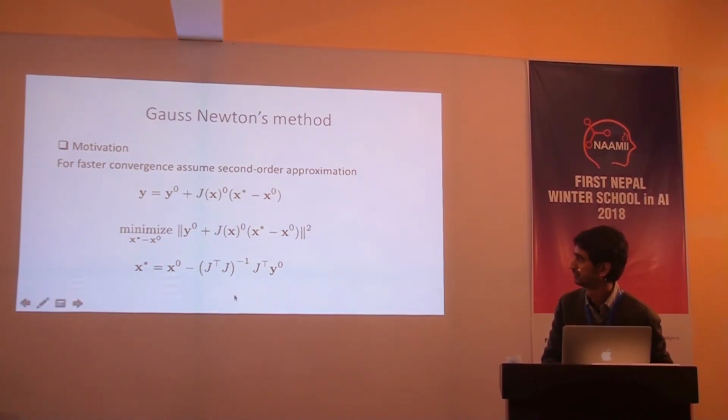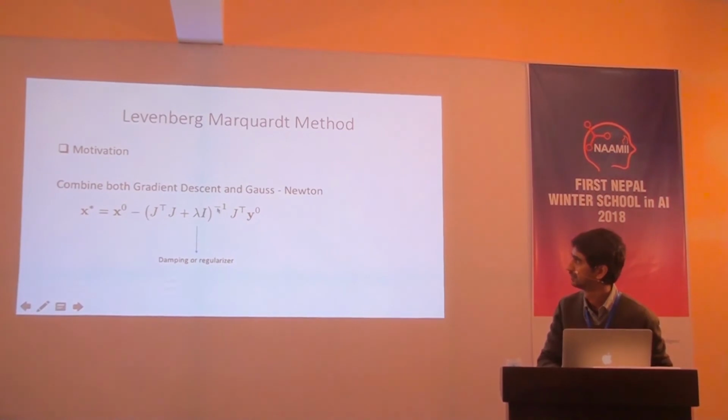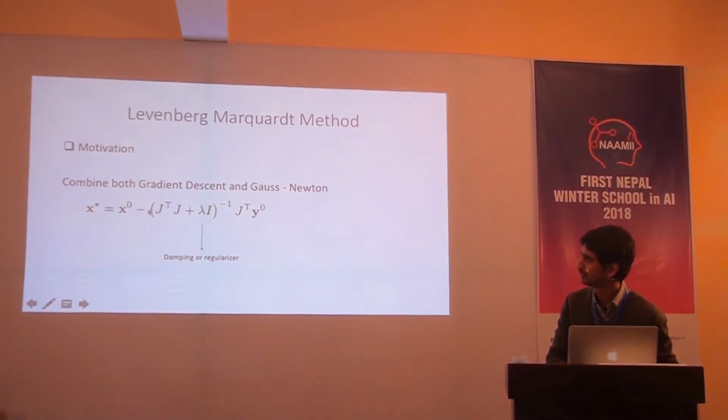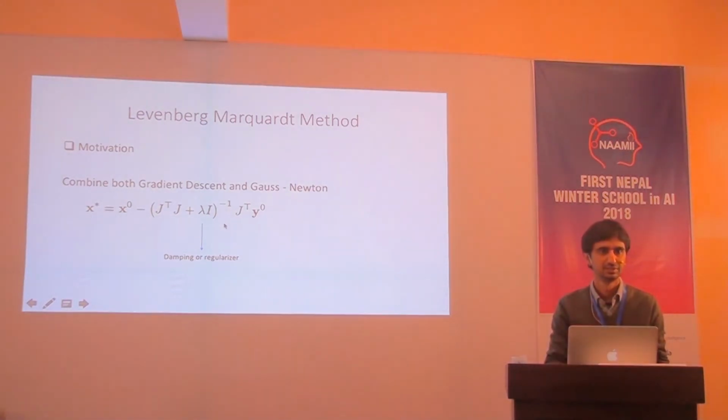So what it means is you're interpolating, your method is somewhere between Gauss Newton and gradient descent. So you're trying to get the best of both, to get a faster solution and also not to oscillate.